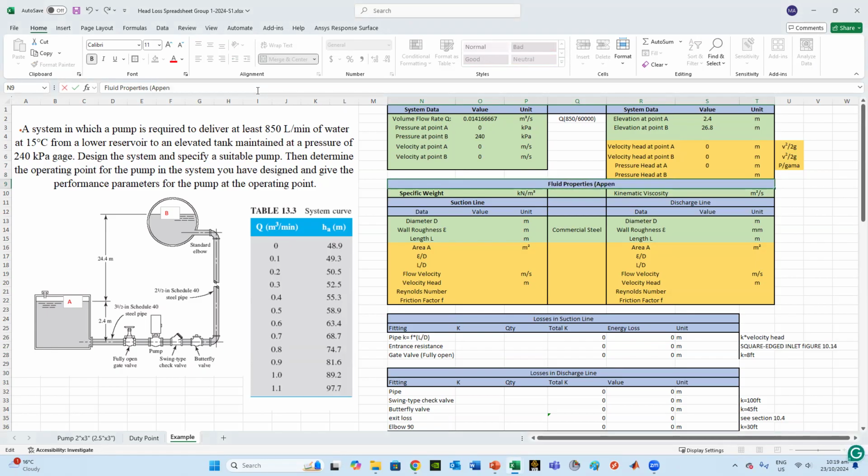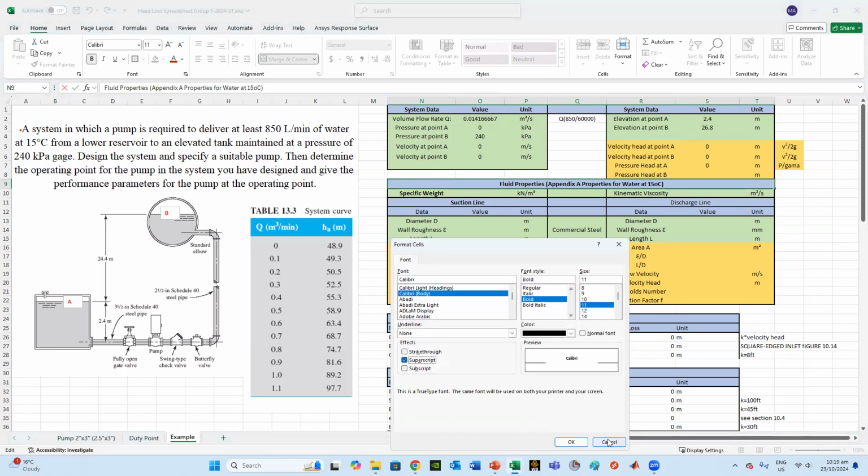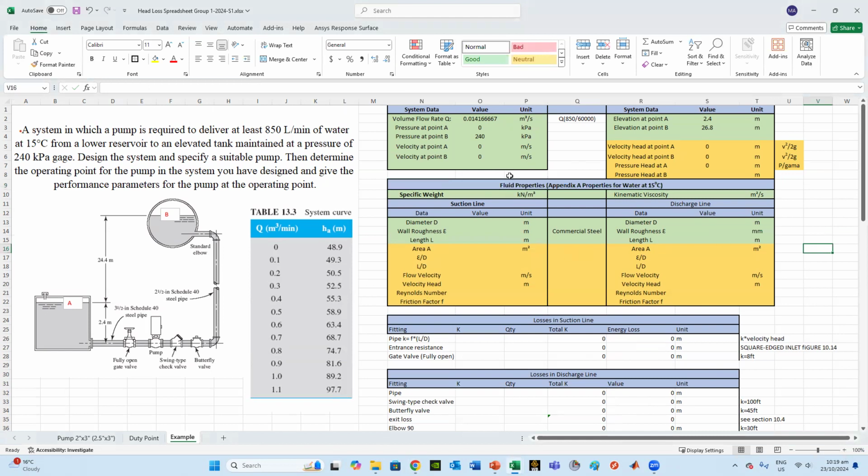Put just the brackets: Appendix A, properties for water at 15 degrees. And how can I get these values? Very soon, I'm just organizing this. So that is fluid properties, Appendix A, properties for water at 15 degrees.